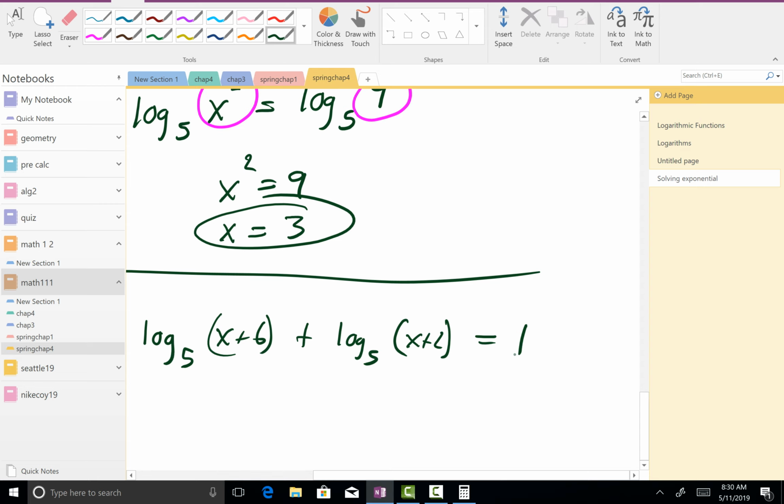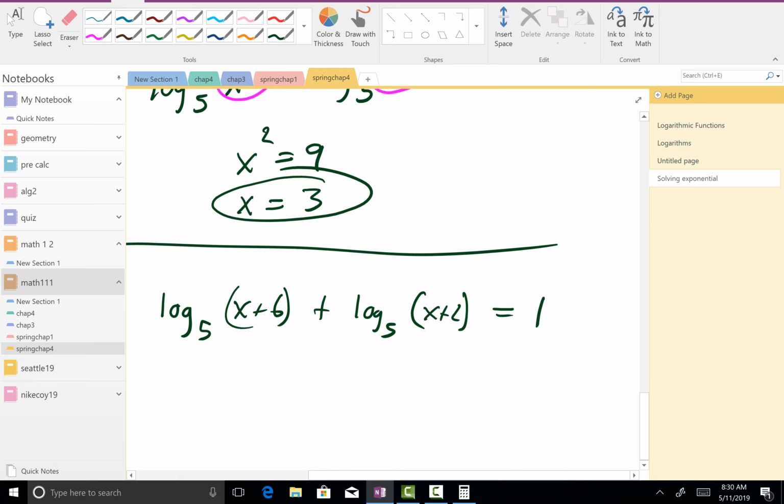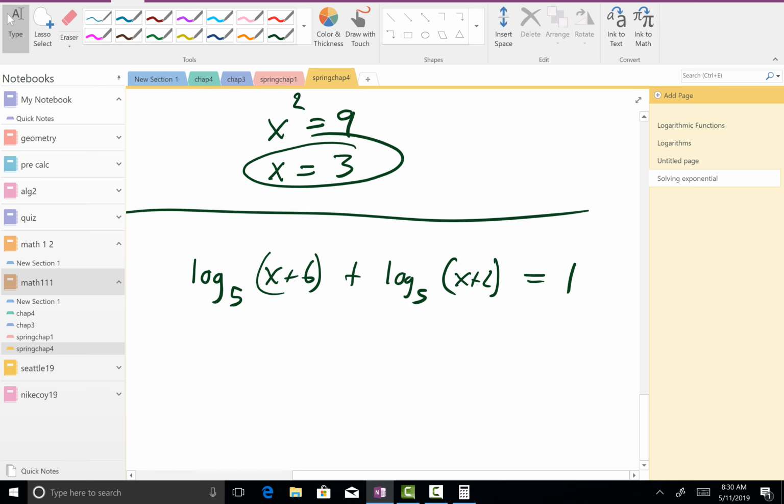Okay, so here's another type. So again, notice that the two bases are the same. Okay, so that's what we really got to have. And all their problems should be that way.